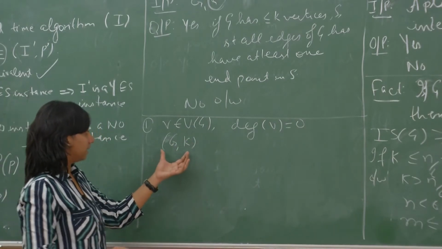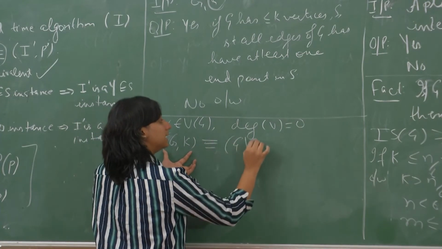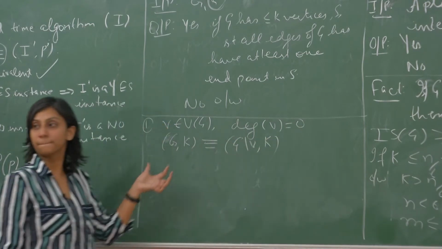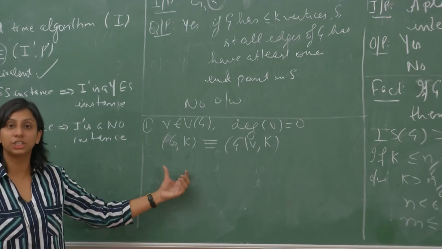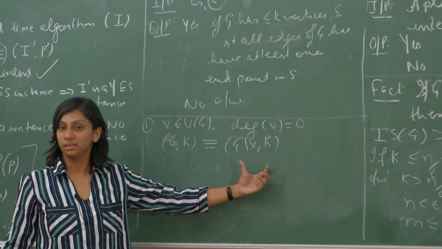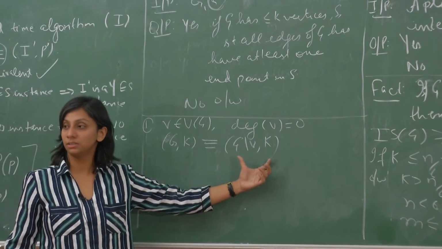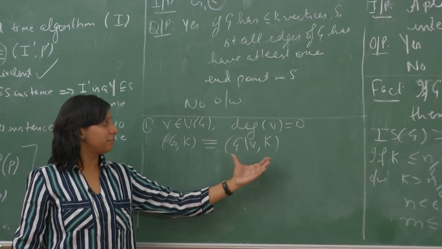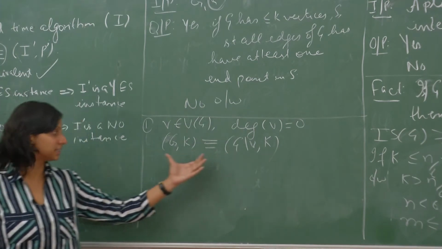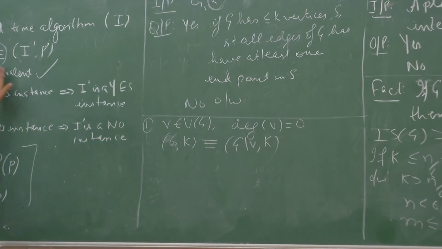Then my claim is that (G, k) is equivalent to (G minus v, k). In other words, if this had a solution of size k, then this will have a solution of size k. Whatever is the solution here, isn't that the solution here also? Similarly, if I give you a solution here of size k, isn't that a solution here? So these are equivalent instances, right?